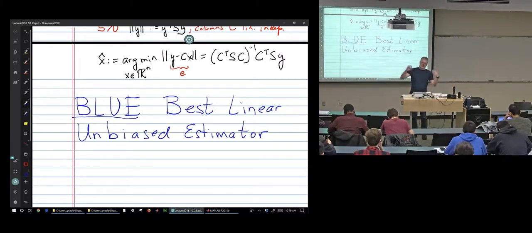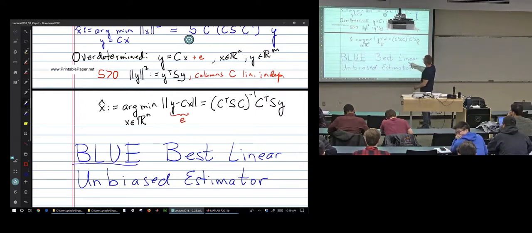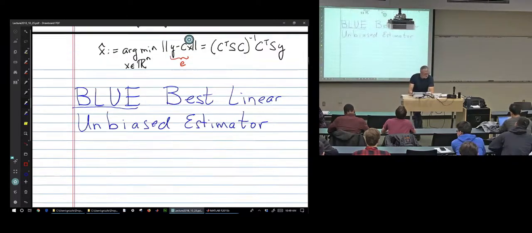And when we come out of this, we're going to go back to the overdetermined case, and then you will understand that's my choice of the weight matrix. So that's our goal.